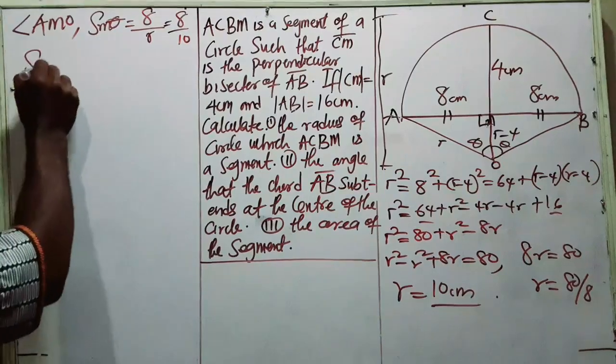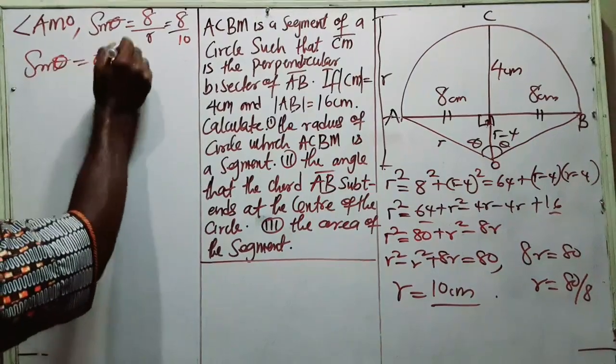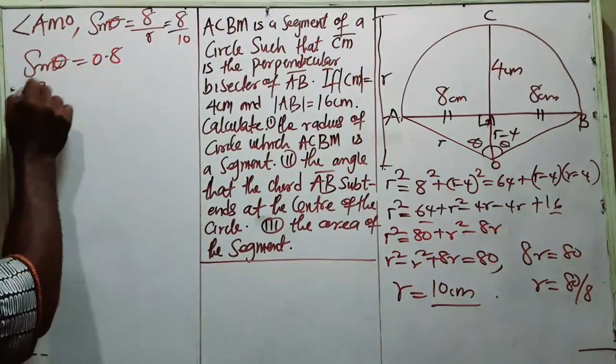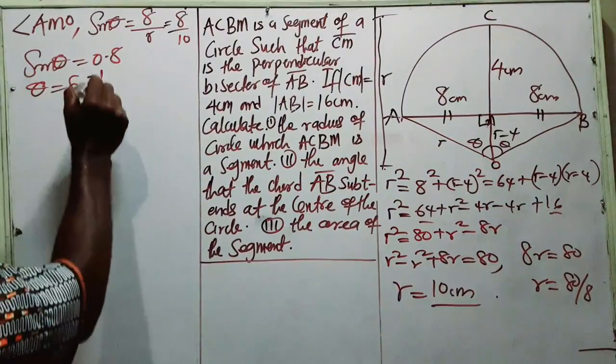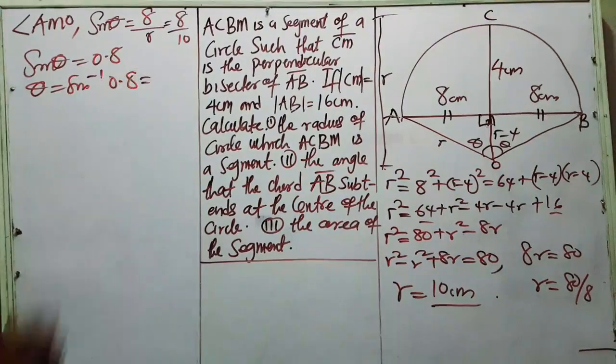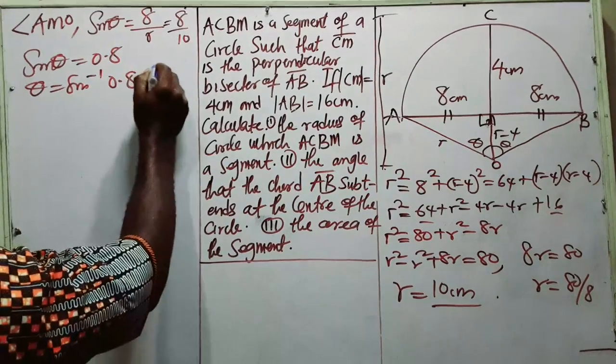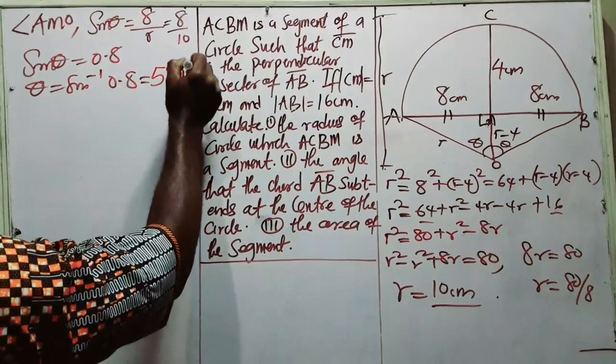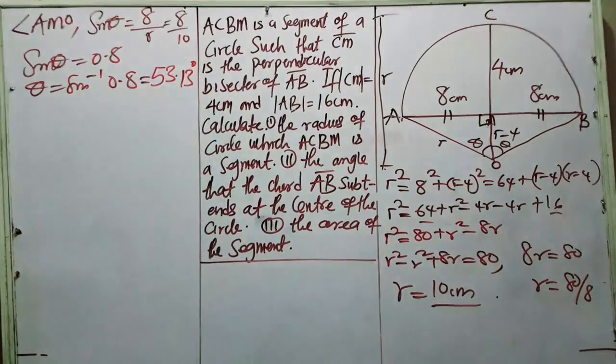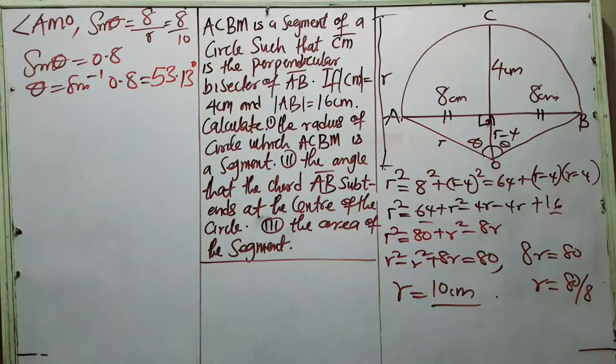So sine theta is equal to 0.8. So theta is equal to arc sine 0.8, which, when I press my calculator, gives us 53.13 degrees.